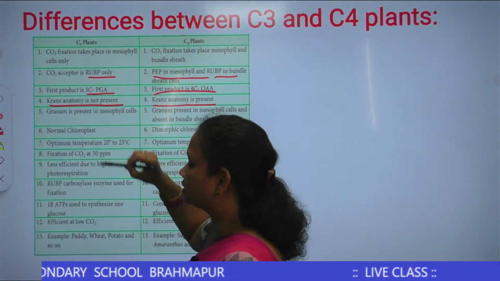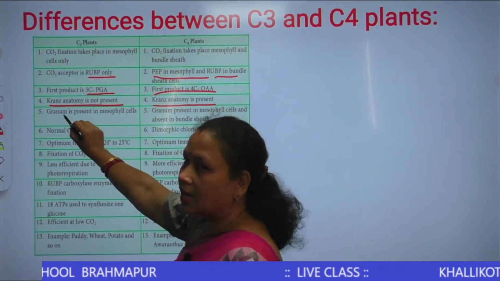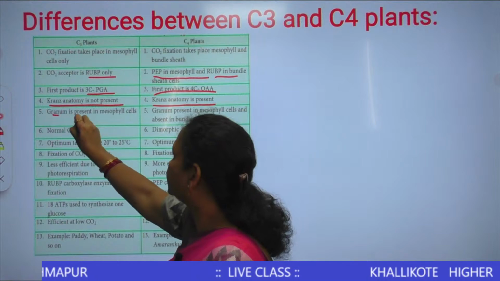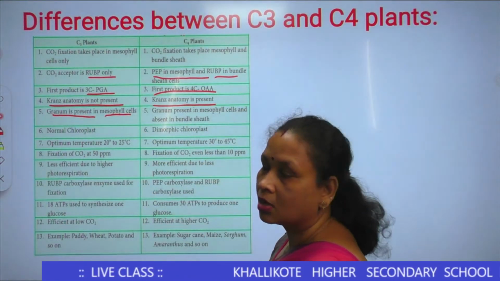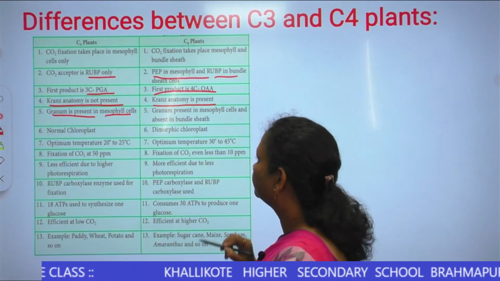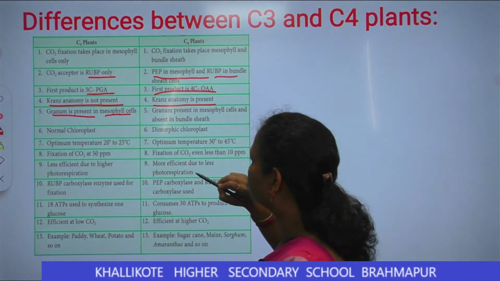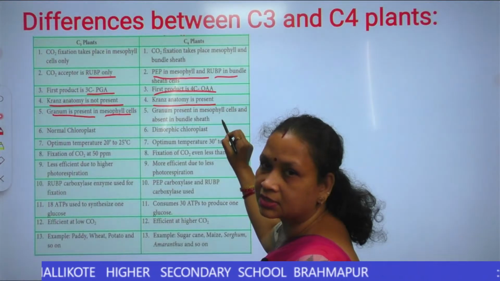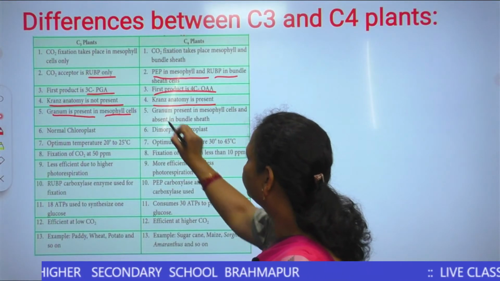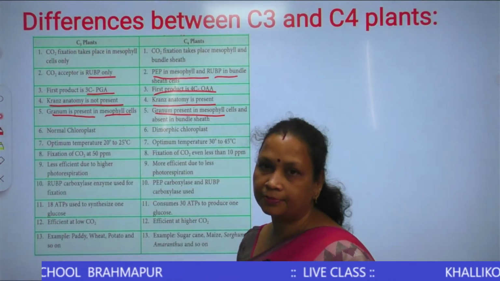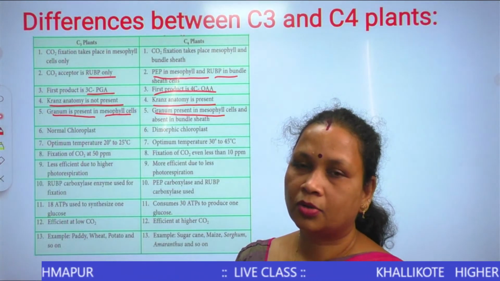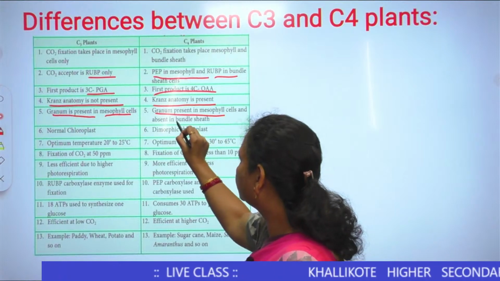In the C3 cells, the chloroplast granum is present in the mesophyll cell chloroplast, whereas in C4 plants, the mesophyll cells have grana. The granum is present in the mesophyll cell and absent in the chloroplast of the bundle sheath cell.